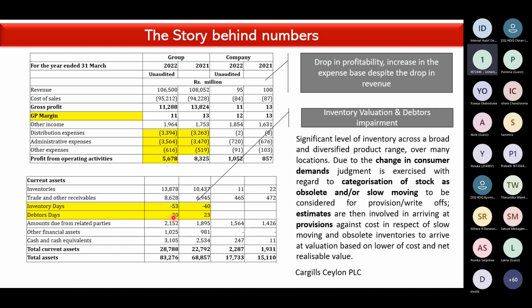There is a significant level of inventory across the board because they have a diversified product range, and more specifically the current economic environment where there is a change in consumer demand preference. So the categorization of stock into obsolete or slow moving really becomes a judgmental area in the current economic context, right?